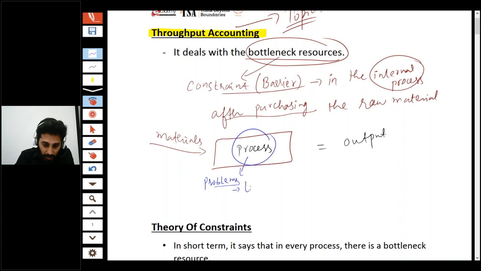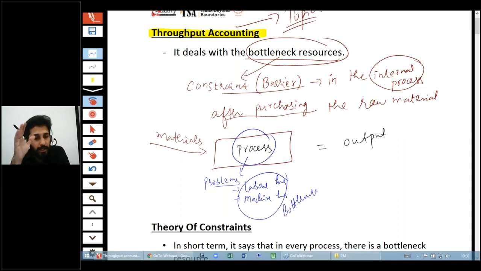And those problems are labor hours, machine hours, right? These problems are termed as bottleneck resources.